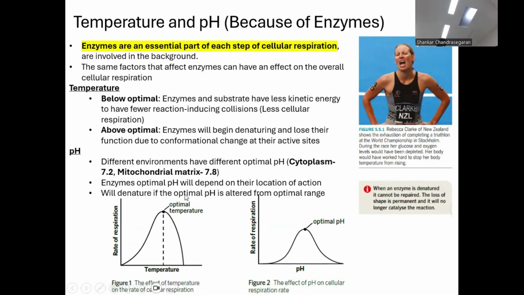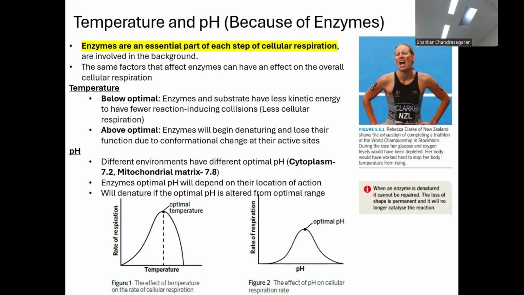For pH, the case is slightly different in that it has the optimal pH range, and anytime you go above or beyond, it will automatically denature. Because pH is not the same as temperature. Anytime it's too acidic, anytime it's too basic, it will denature. So how do we determine what the optimal pH range for any biochemical reaction is?